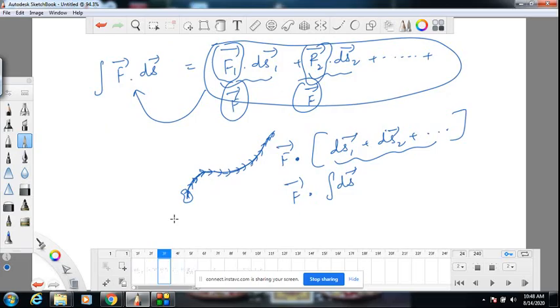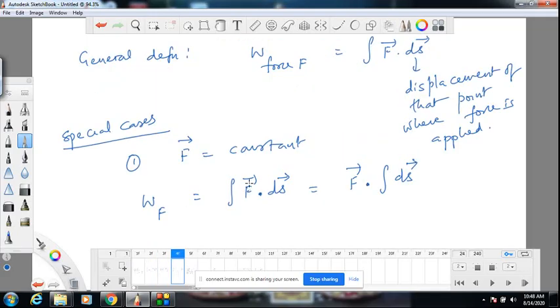Integral F dot ds is F1 dot ds1 plus F2 dot ds2, and so on. But if F1, F2, F3 are always the same, they are never changing, you can take it out and write F dot ds1 plus ds2. So you can write F dot integral ds bar.